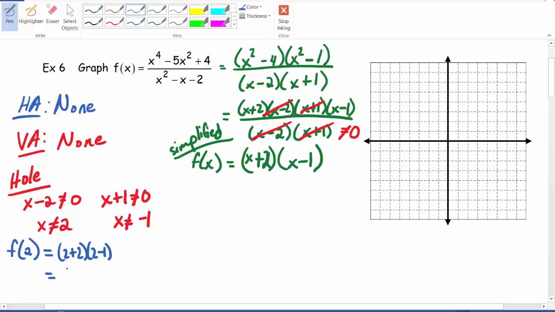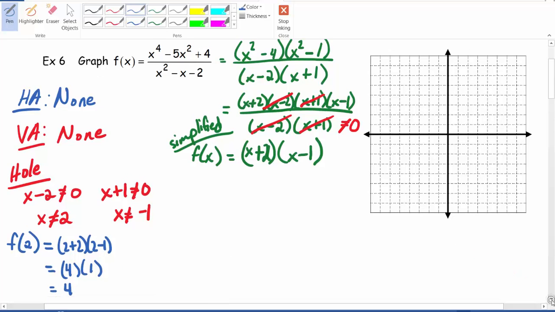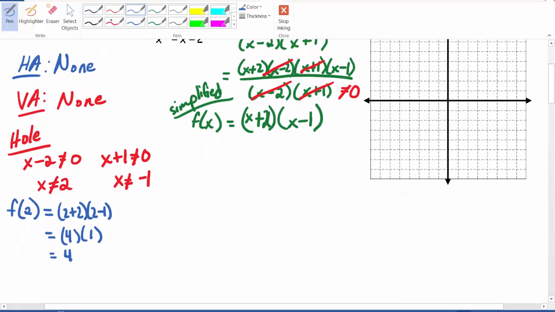That comes out to be 4 times 1. 2 minus 1 is just 1, so it comes out to be 4. So the first hole is 2, 4.